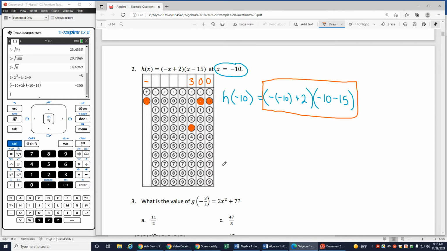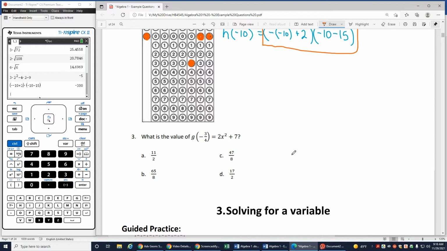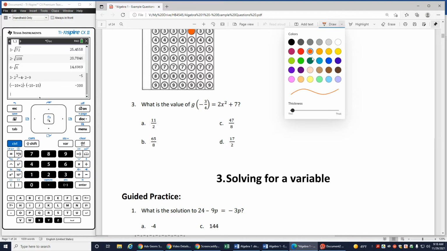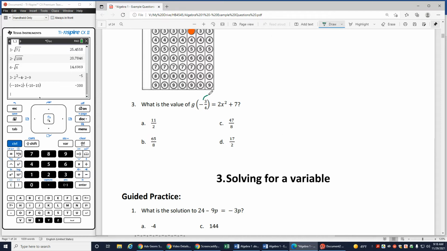Okay? All right, let's look at the third one. What is the value of g evaluated at negative 3/4 equals 2x squared plus 7? So basically, all I need to do is put this negative 3/4 in for this x squared. So it's really going to become g of negative 3/4 is equal to 2 times negative 3/4 squared.